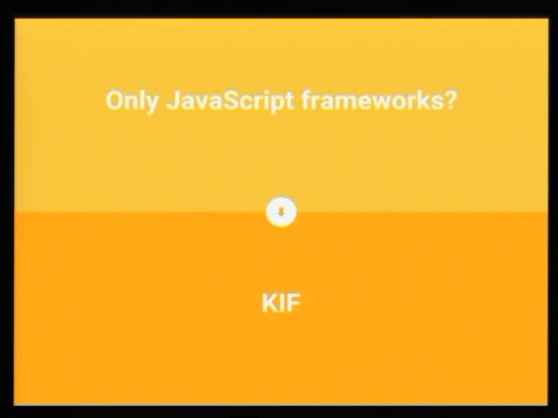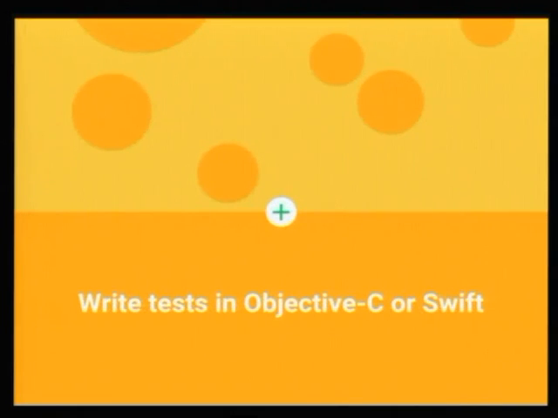So there's a possibility to do that with KIF. You can write tests in Objective-C and Swift, and the Objective-C works like any other unit test on iOS. The Swift tests are a bit more of a struggle to get working at first, but it's all documented well on the KIF site.